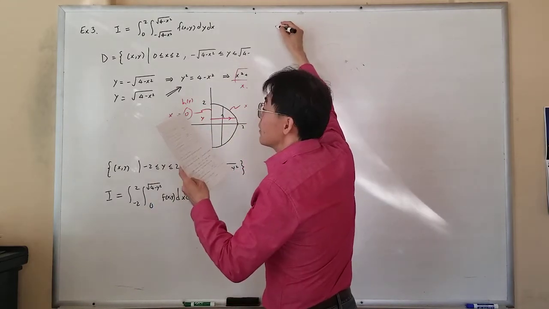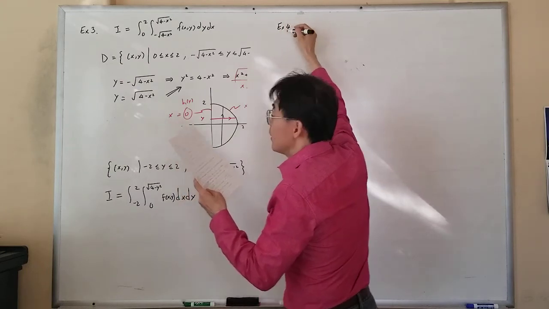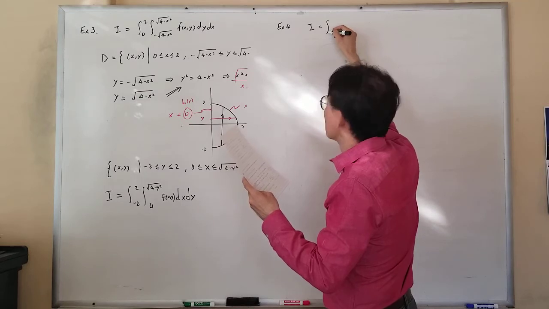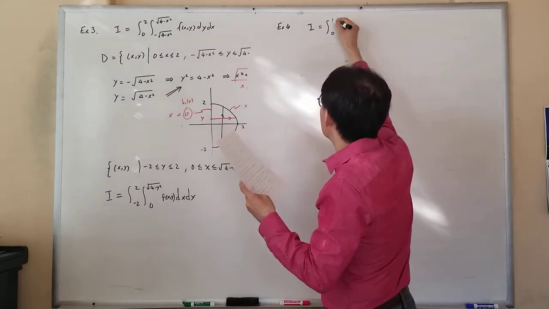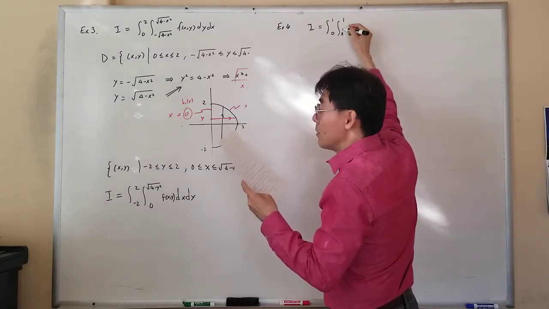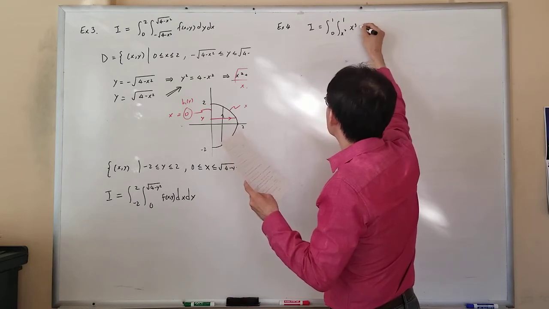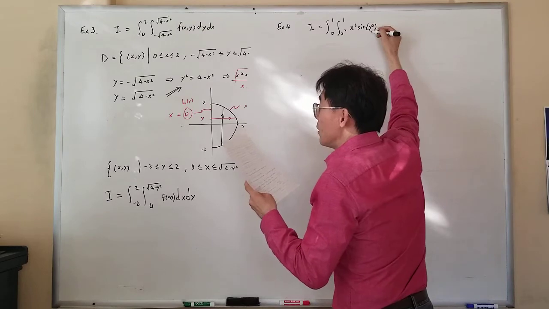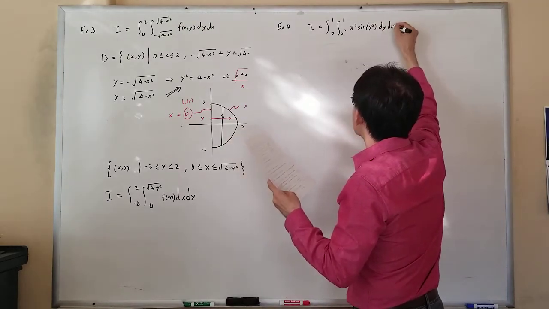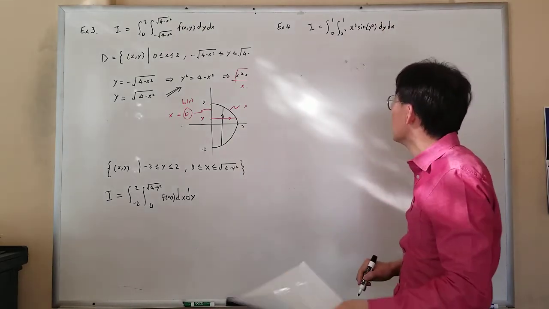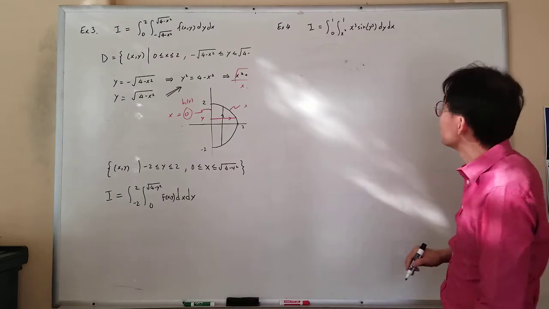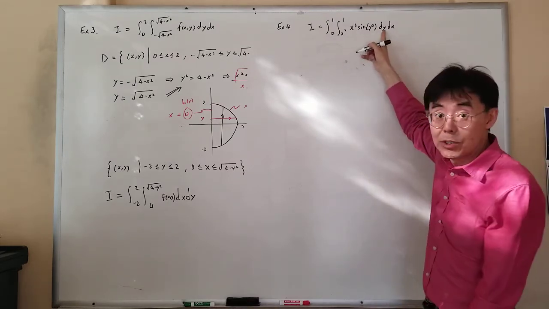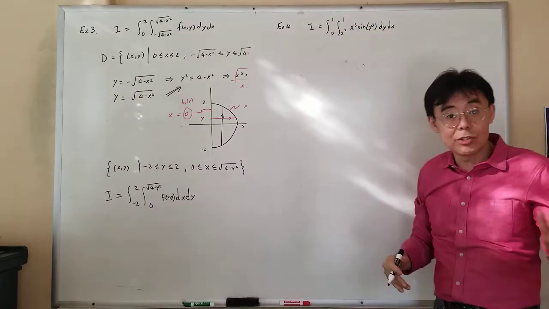Okay, now example 4. Evaluate this integral. X runs from 0 to 1, y runs from x squared to 1, x cubed sine of y cubed dy dx. When you try to integrate with respect to y, x cubed is just a constant.